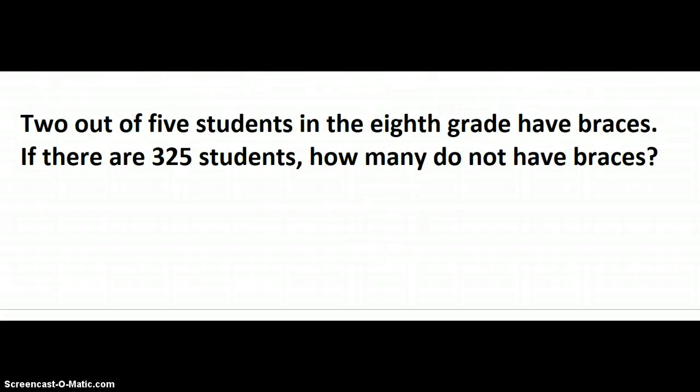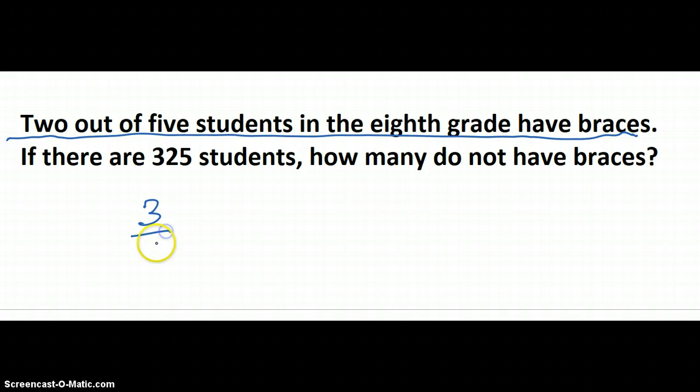Last one. Whoops, there it goes. You guys get that? Just kidding. So 2 out of 5 students in the 8th grade have braces. There are 325 students. How many do not have braces? Well, if 2 out of 5 do have braces, and the whole student body has to be 1, then 3 out of 5 do not have braces.